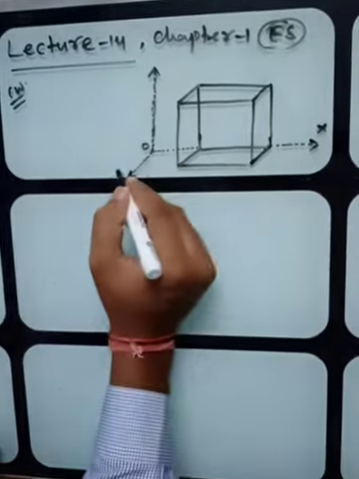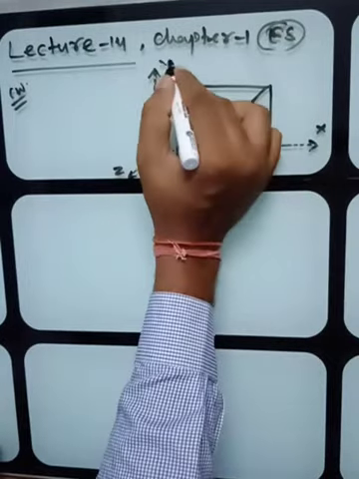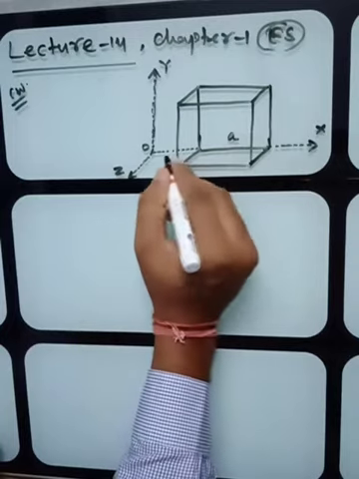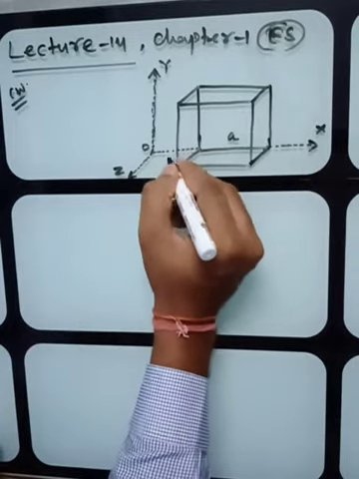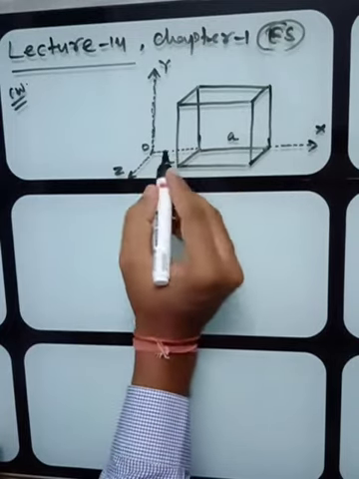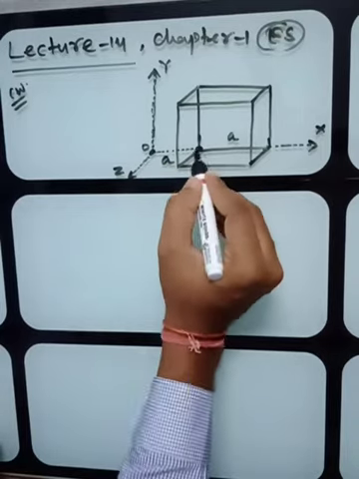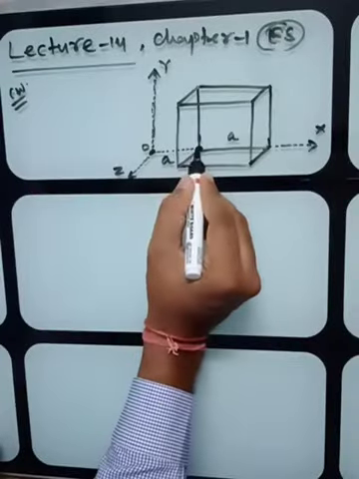This is the origin, this is Z, X and Y, and this is the cube of side A, and it is placed at a distance. Here this is A. From the origin this vertex is a distance A away. And the electric field is given.